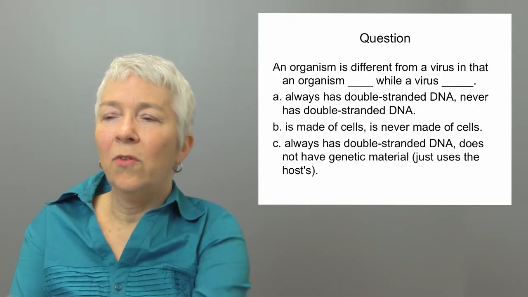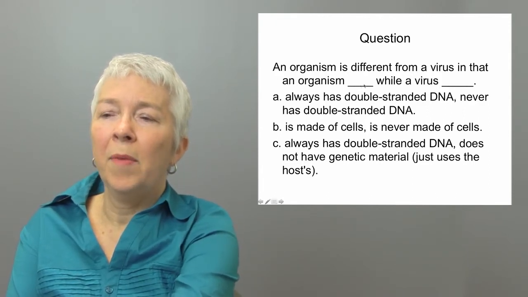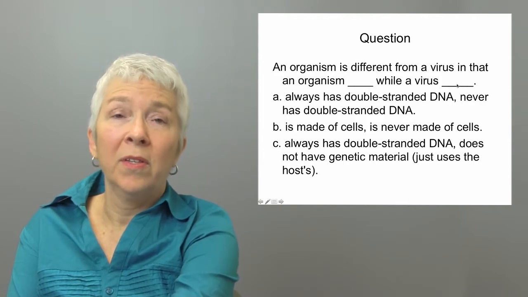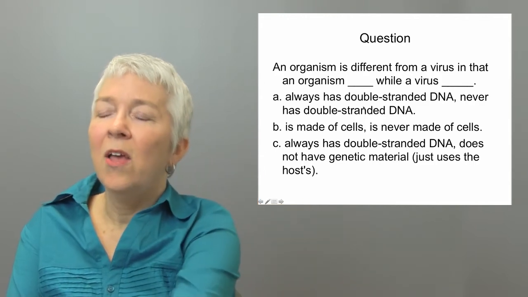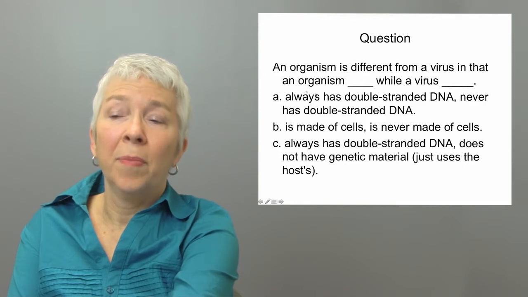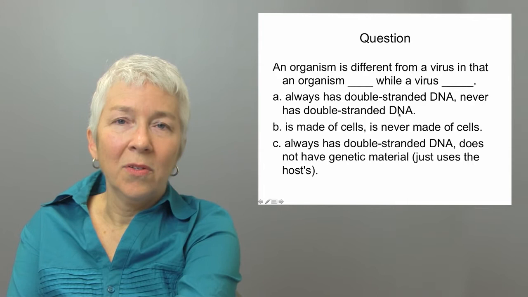The way to consider this is that the part of the answer before the comma, you would put in the first blank, and the part after the comma, you would put in the second blank. So for example, if your favorite answer was A, then you would complete the sentence: an organism is different from a virus, and an organism always has double-stranded DNA, while a virus never has double-stranded DNA.